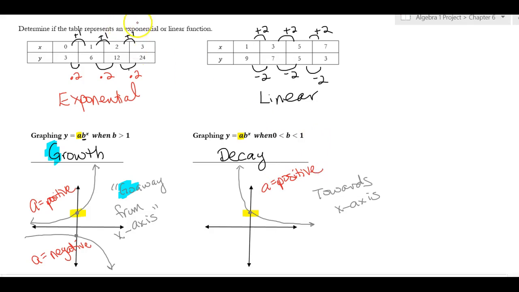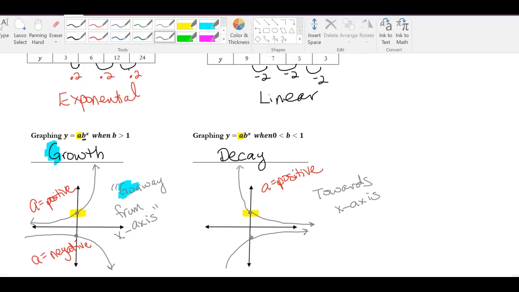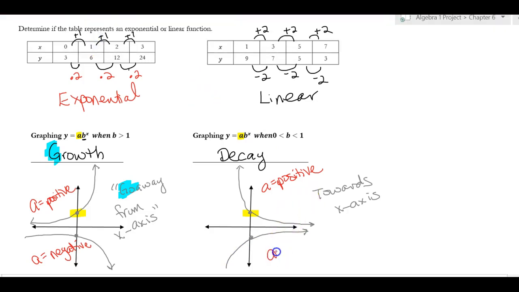And if we have A negative, it's still going to go towards the axis, but it's going to go up towards the axis. So that's a helpful thing that might be important for us to have, because it gets a little confusing. You can't think about it as going up or down. You have to think about it as going away or towards the axis.